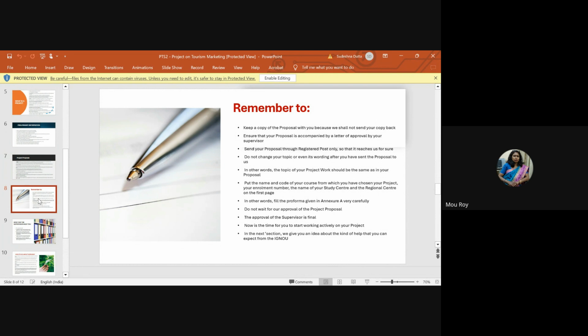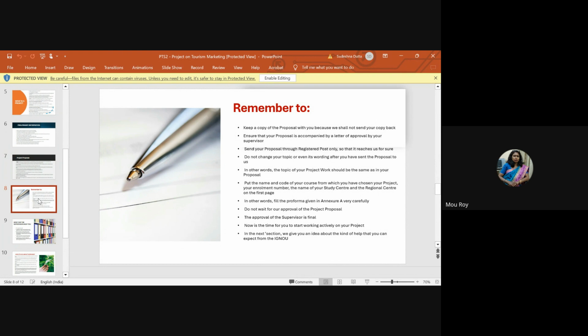Now this is very important. Remember to keep a copy of the proposal with you. That is the reason why two copies have to be kept. First copy you keep with yourself, and the second copy you send.